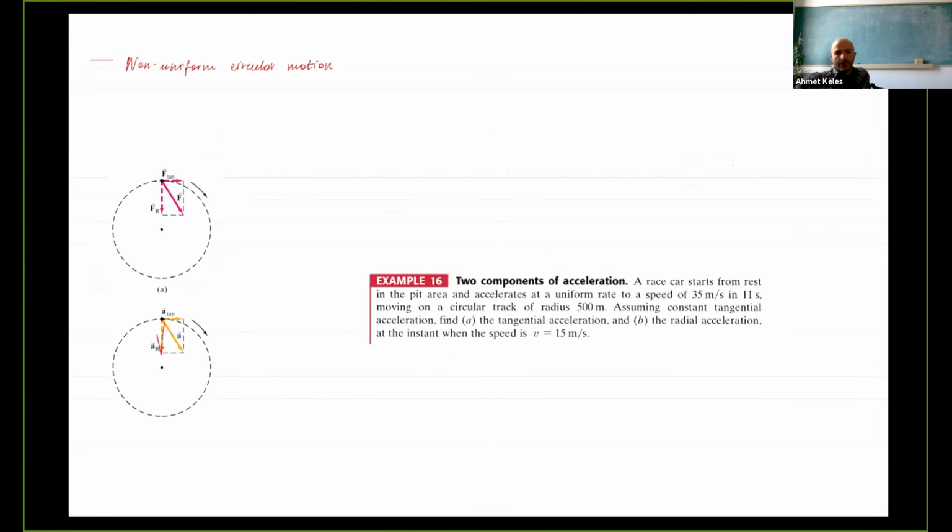Well, so far I've been talking about uniform circular motion. Now let's talk about something called non-uniform circular motion. So in this case, the object is still following a perfect circle, but its speed is not constant.